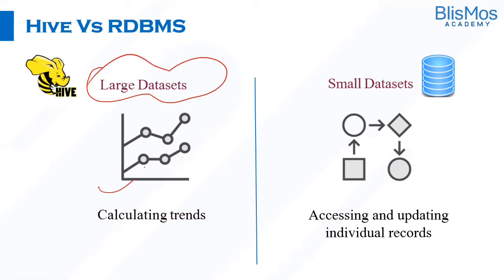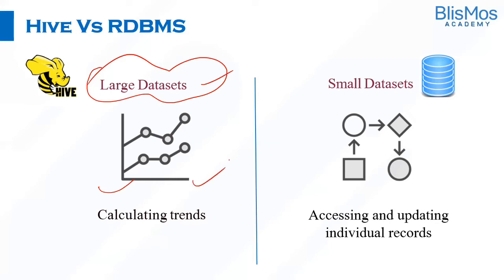If you remember the story or example where Monica was trying to find the trends. Monica was trying to analyze the data of 4 to 5 years and see why the revenues were very low in a particular month. That is where we are using the data warehouse for analytical processing. Hive is an open source data warehouse. That is the reason Hive works on the large data sets and it calculates the trends.